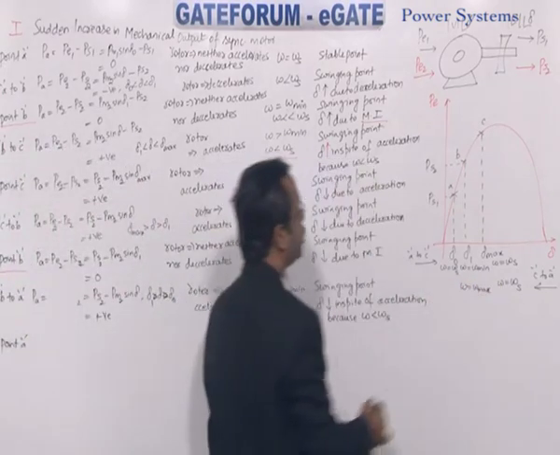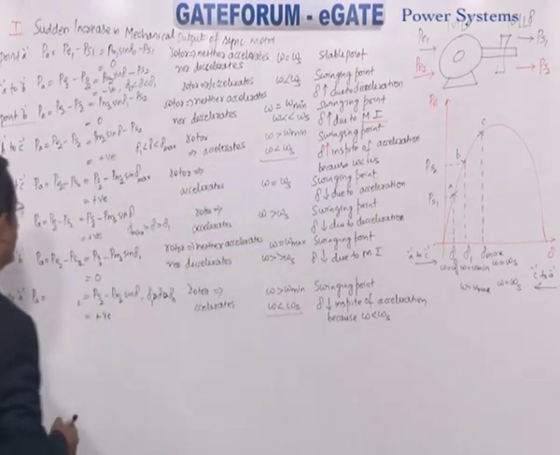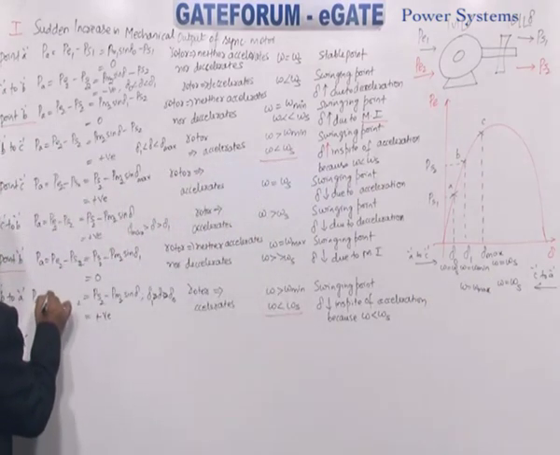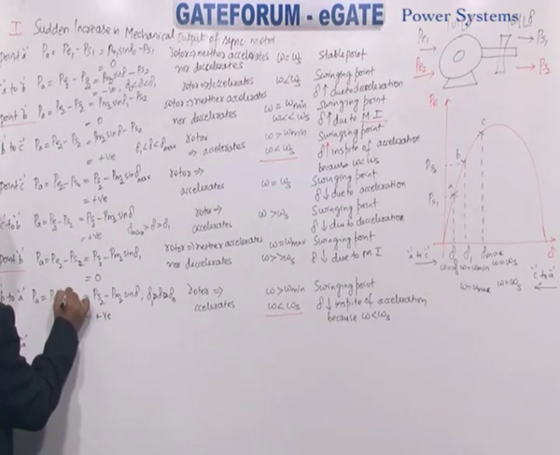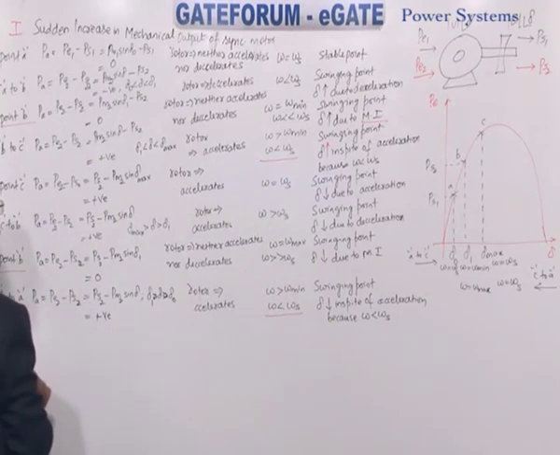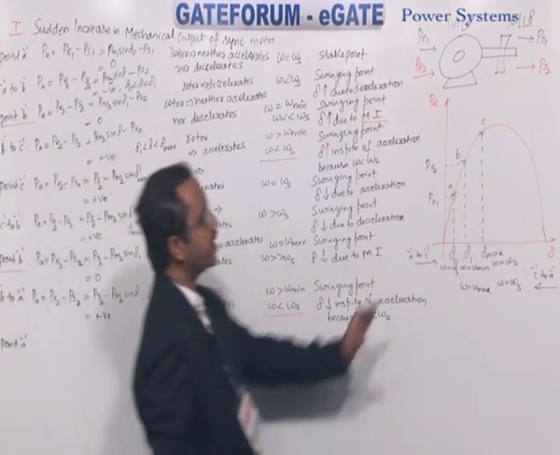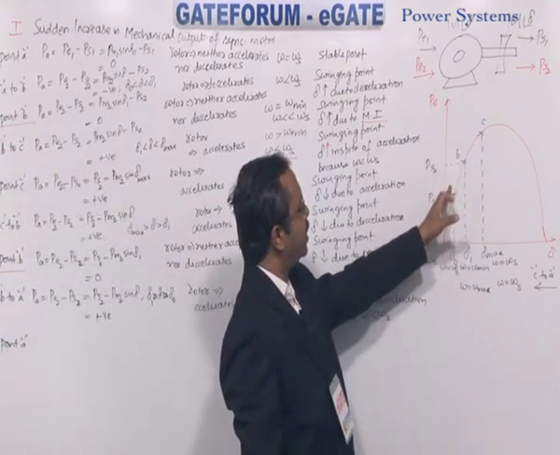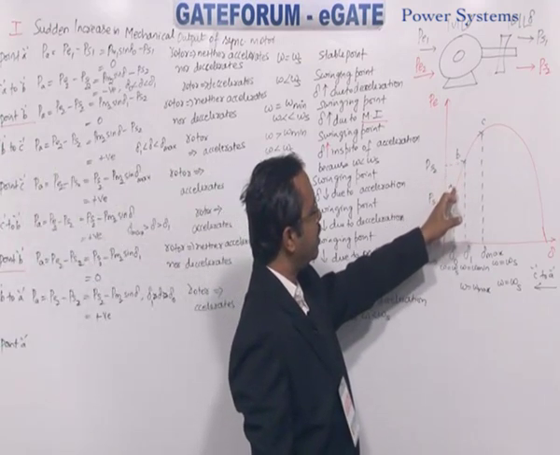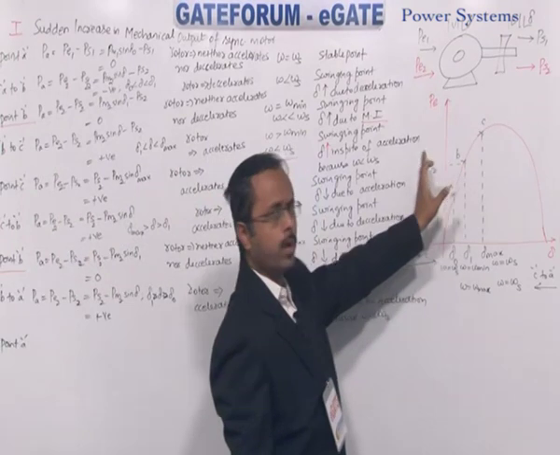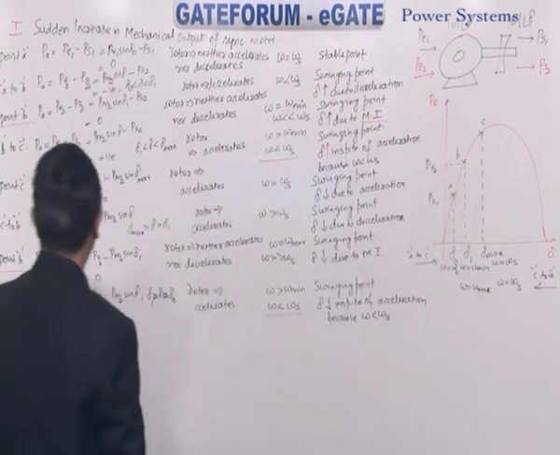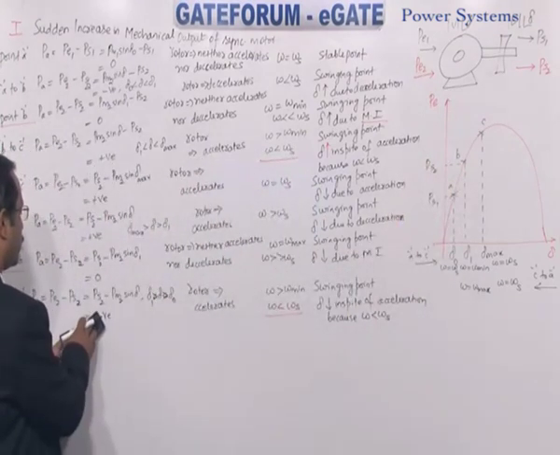So now you check from B to A. So what about B to A now? PE2 minus PS2. From B to A you can check. Electrical input is less than mechanical output. So what about the difference? Negative.